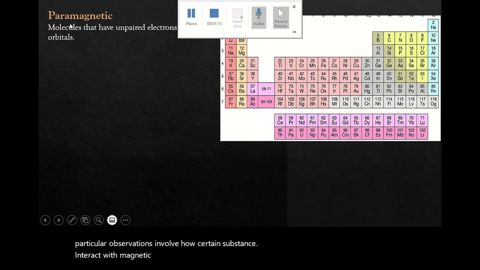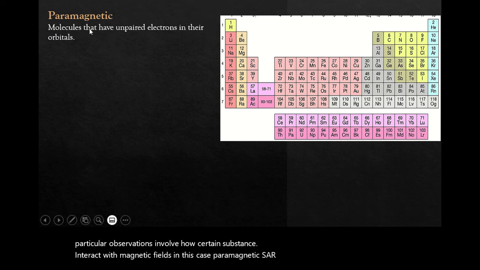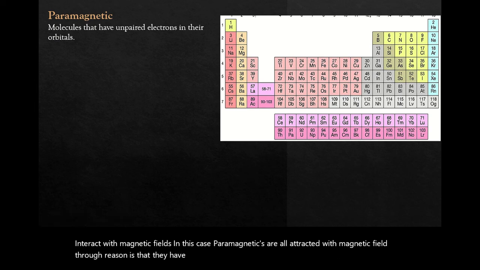In this case, paramagnetics are all attracted to a magnetic field. The reason is that they have unpaired electrons in their shells, so that's why they are attracted to a magnetic field.